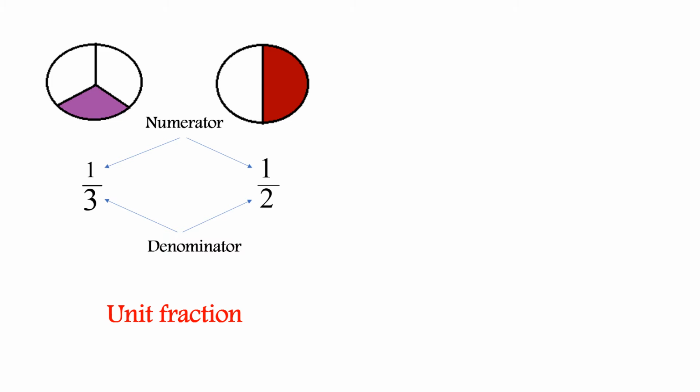So 1 over 2 is greater than 1 over 3, or 1 over 3 is less than 1 over 2. Now 1 over 3 and 1 over 2 have the same numerator 1.